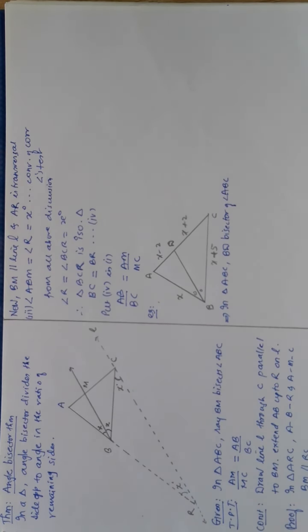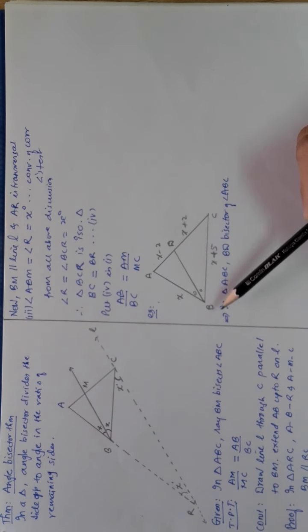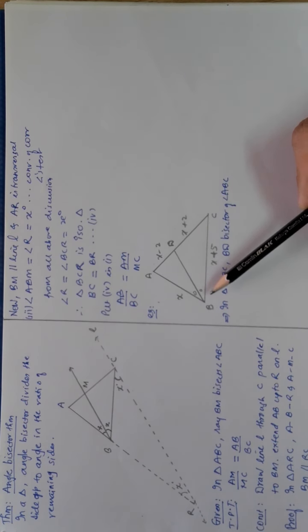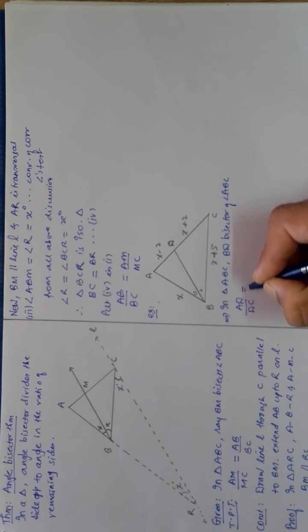So if BD is the bisector of angle ABC, then the bisector starts from B, goes on what side? The opposite side. Write the ratio of that side, that is AD is to DC, is equal to, see the upper side, which is the vertex out of it.